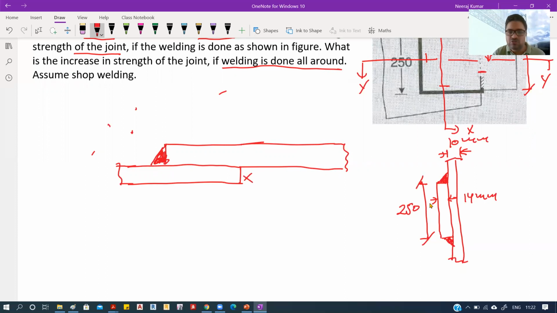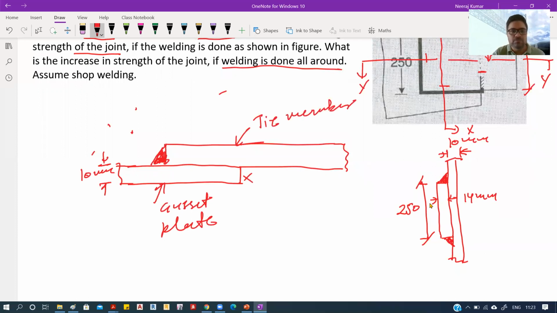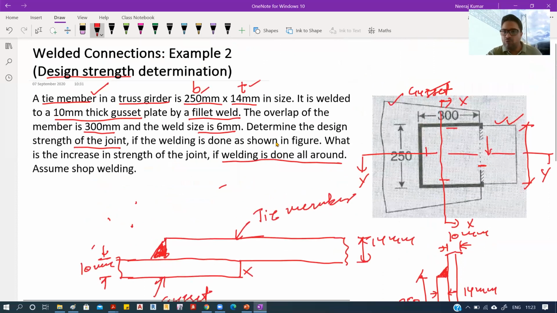And the thickness of this plate is 10 mm, which is the gusset plate. This is the gusset plate, and this one is the tie member. Okay, and the thickness of this tie member is 14 mm. Okay, so now I hope we understand this joint well.